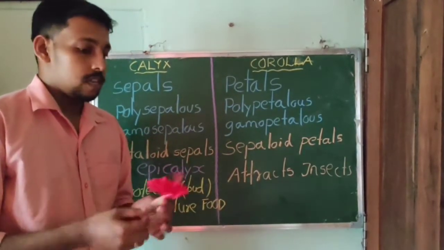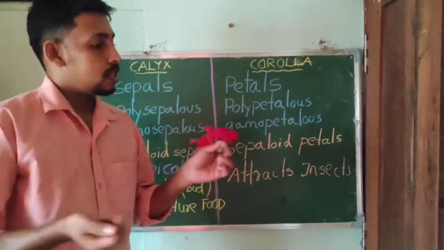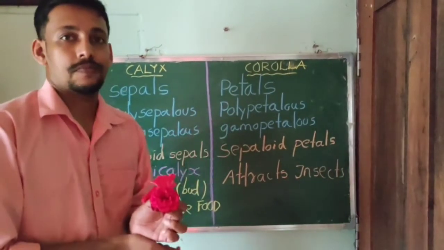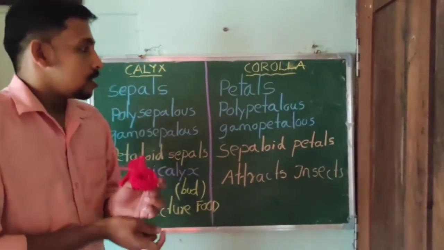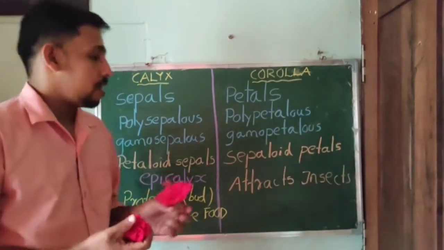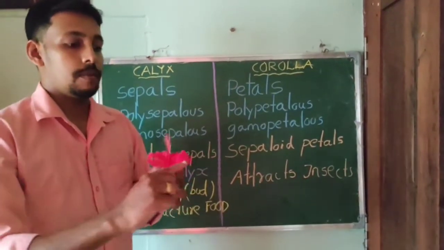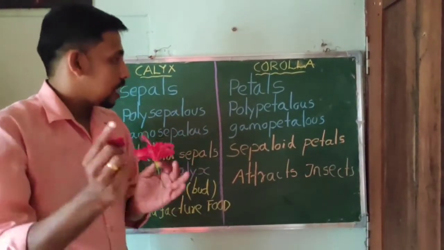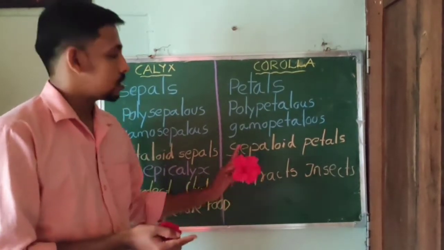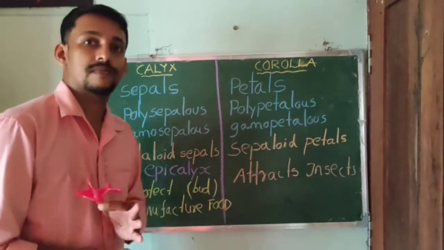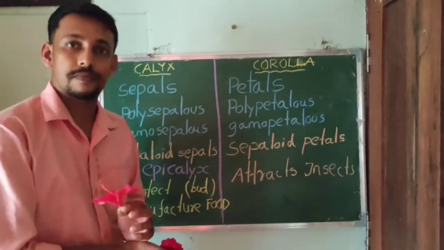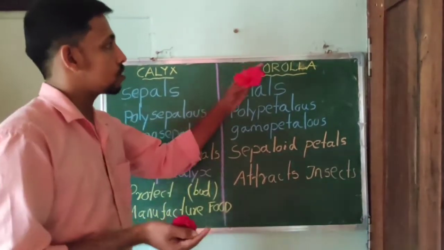Usually the petals may have different colors. But in some cases the petals may be green in color. At that time the condition is known as sepaloid petals. Then what is the function of the corolla?